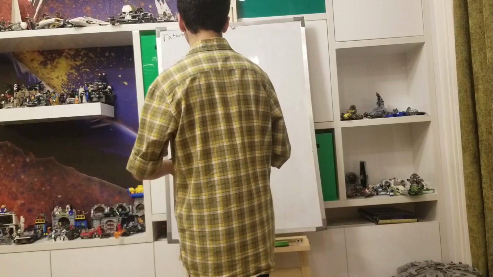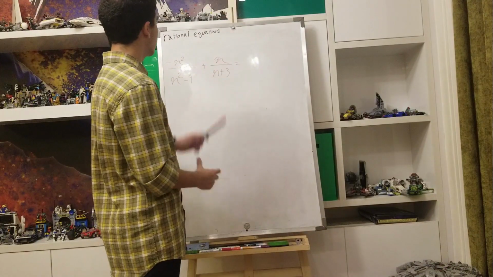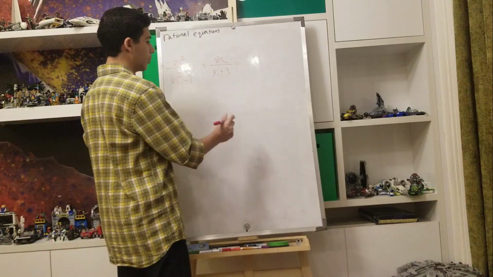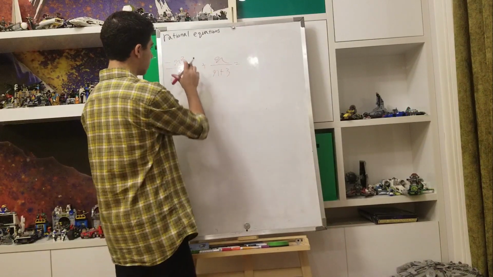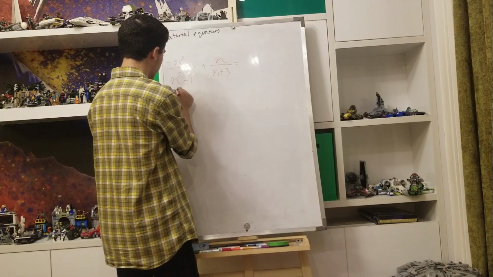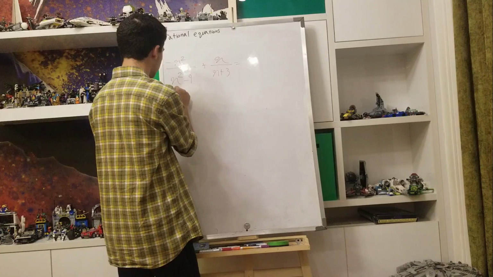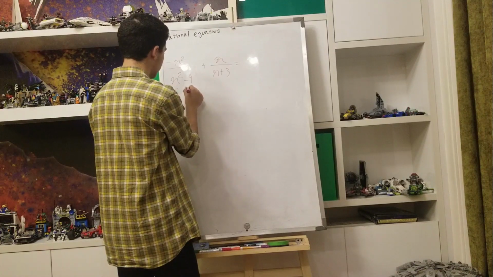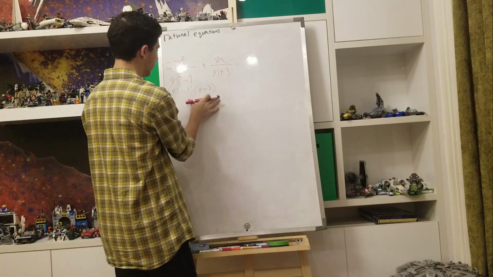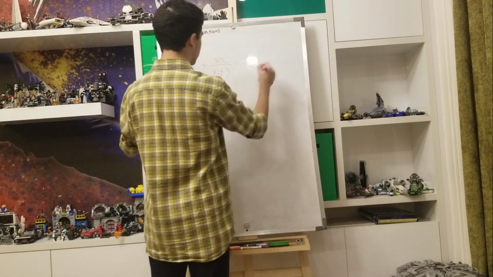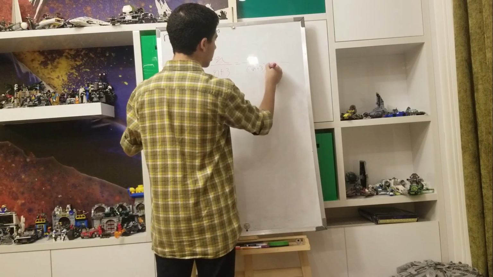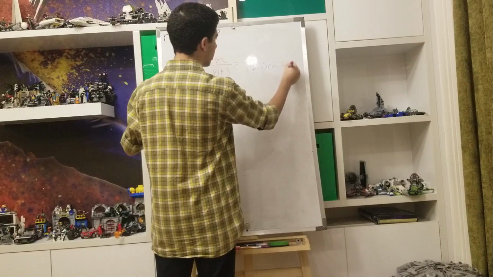Now, I wrote an equation here. So how do we solve it? First things first, I'm going to simplify this. This is a second variable, so this will be x minus 3 and x plus 3. So in this case, this will be x plus 3 and x minus 3.